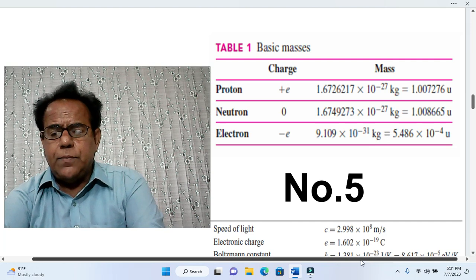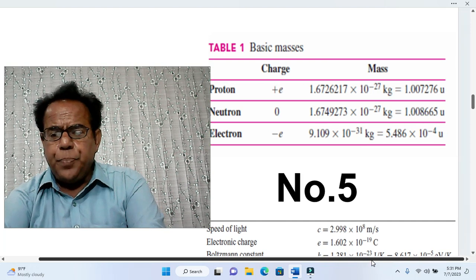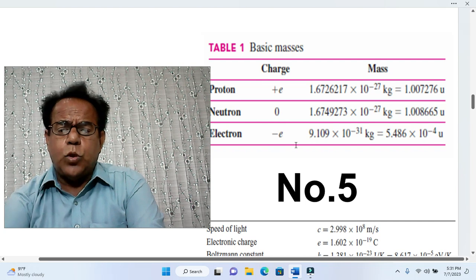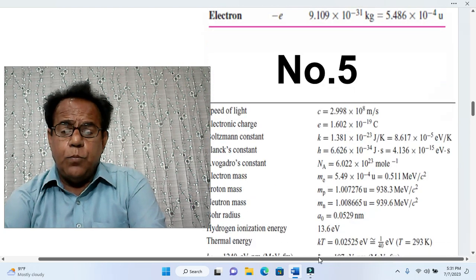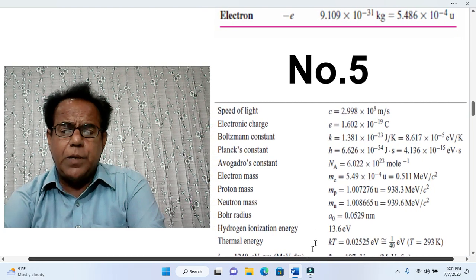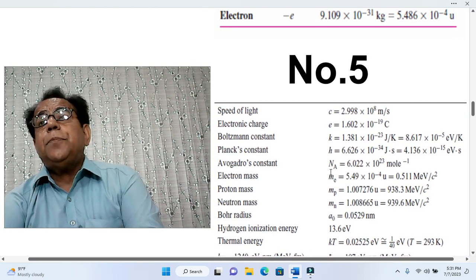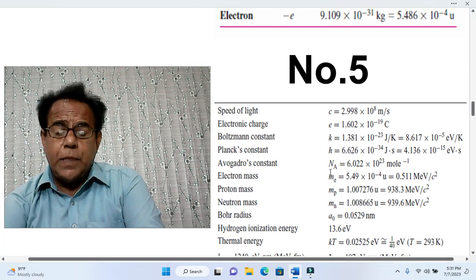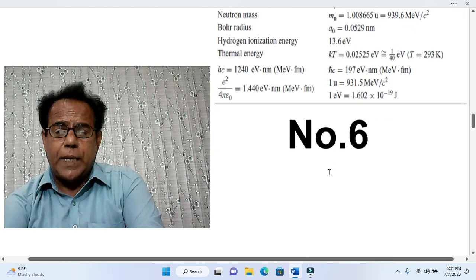This alternatively equals 5.486 into 10 raised to the power minus 4 atomic mass unit U. We will take the first value. Now we come to table number 5. Table number 5 has been used so many times that we skip it for the time being.